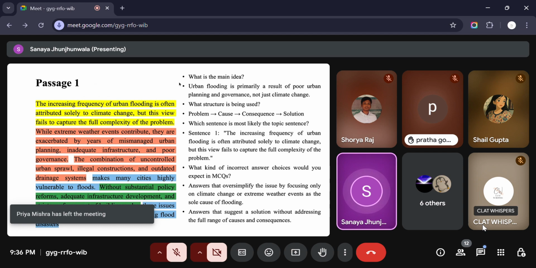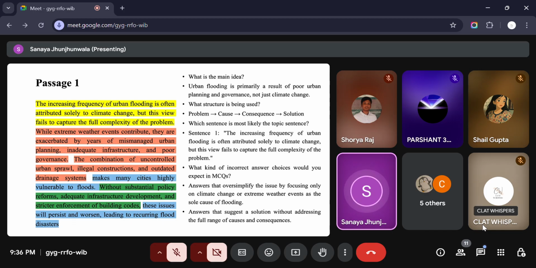So these are some of the choices that you should avoid in main idea or solution questions basically. Any kind of answers that oversimplify the issue by only focusing on climate change or extreme weather events as the sole cause of flooding, or answers that suggest a solution without addressing the full range of causes and consequences. So anything that is too narrow or that is too broad.